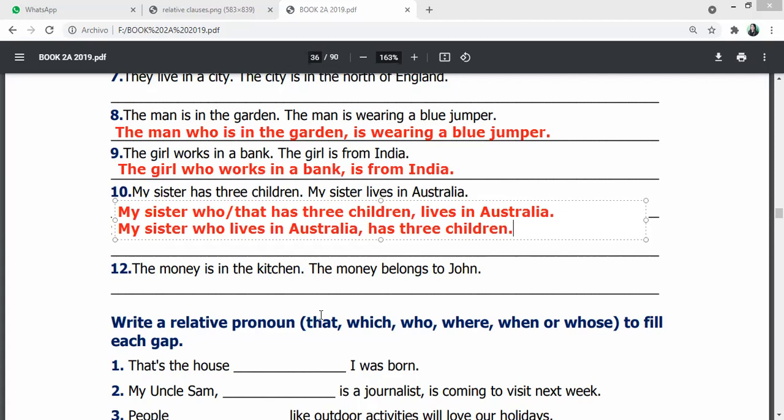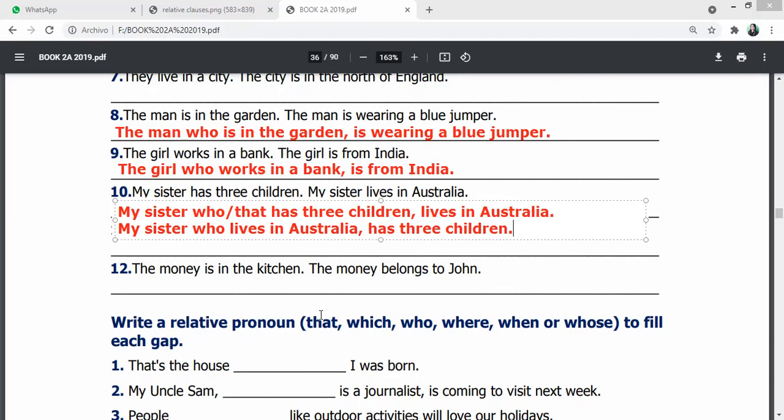Okay. O sea, yo creo que podemos usar which. Sí, podemos ocupar which. Yeah, I mean, we can use which, but depending on the subject pronouns and what is the continuum of the sentence, okay?